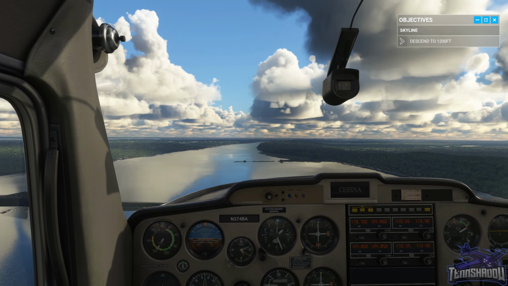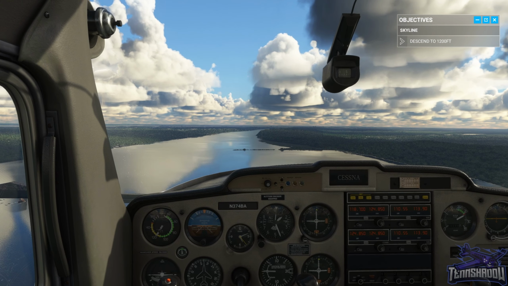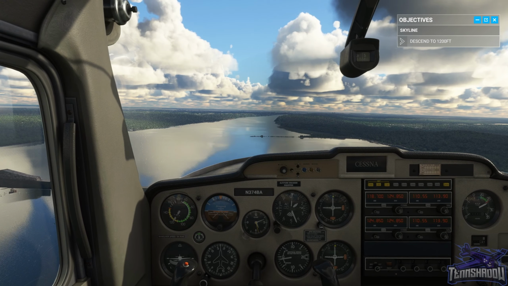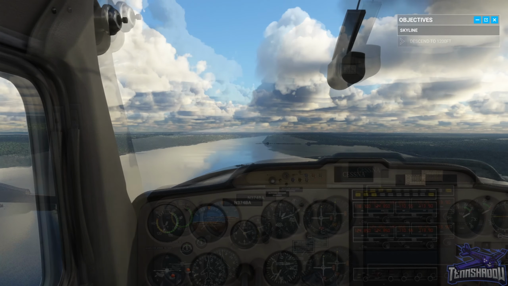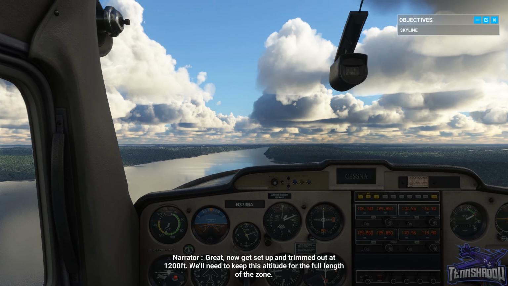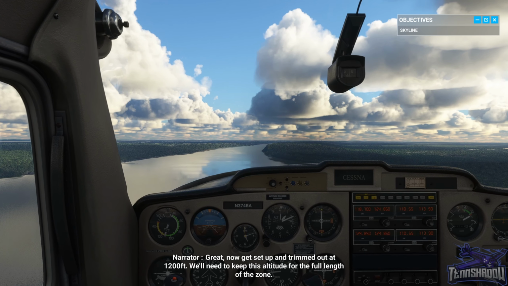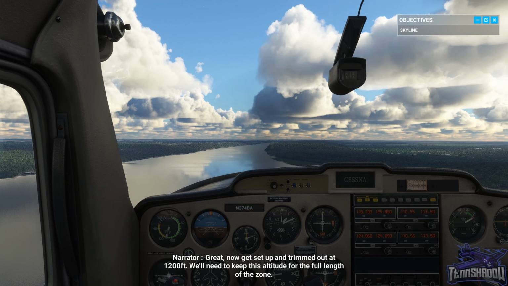We are flying in default sim conditions, no add-ons other than this FS Academy. Great. Now get set up and trimmed out at 1,200 feet. We'll need to keep this altitude for the full length of the zone.